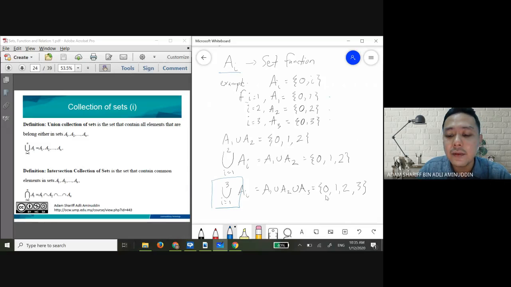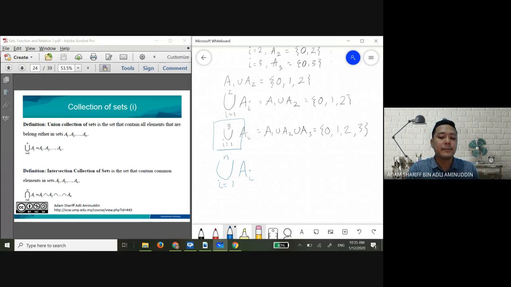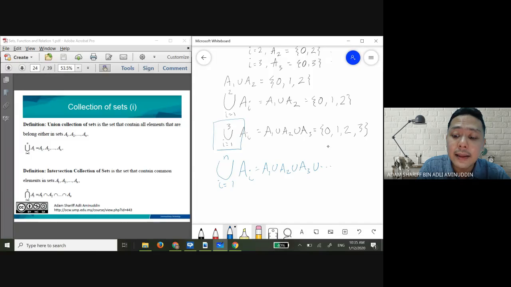So the general form of the union collection again is the set function, union besar, the starting value and the end value. So Ai, if i starts at 1 and ends at n, it means that A1 union A2 union A3 union until An. Okay, so this is the standard form.